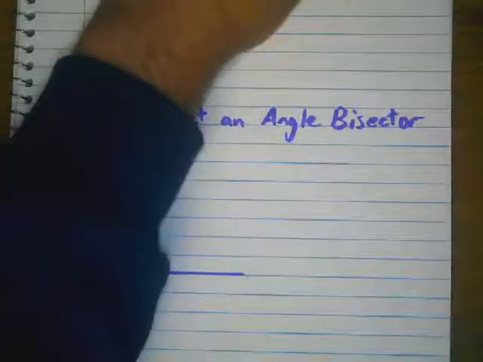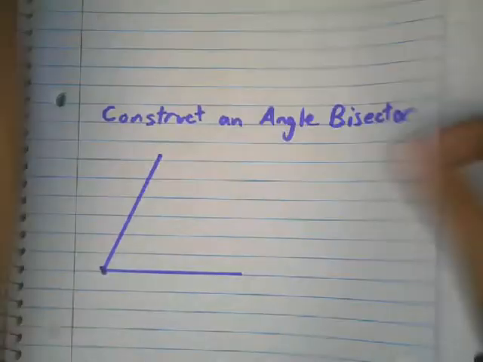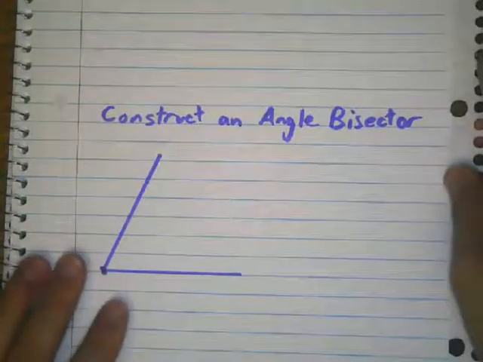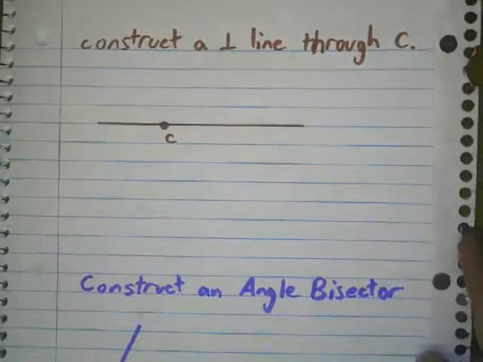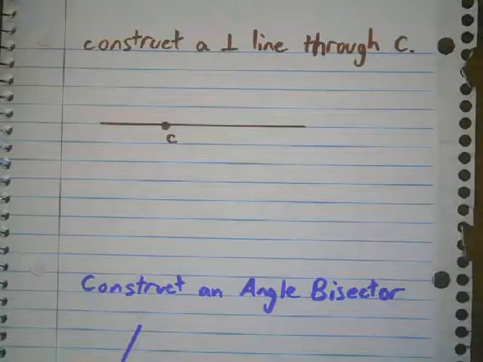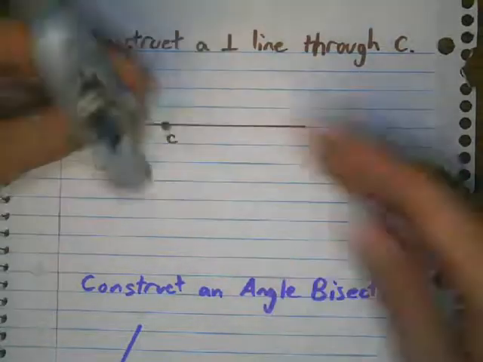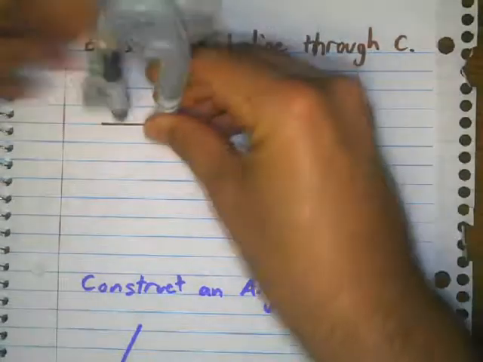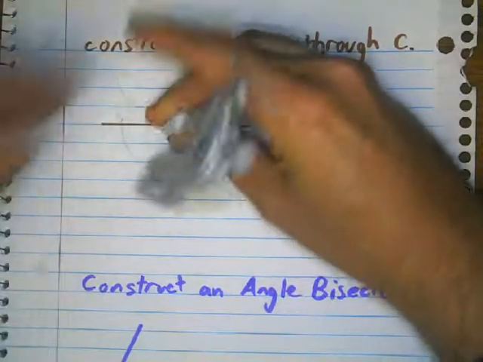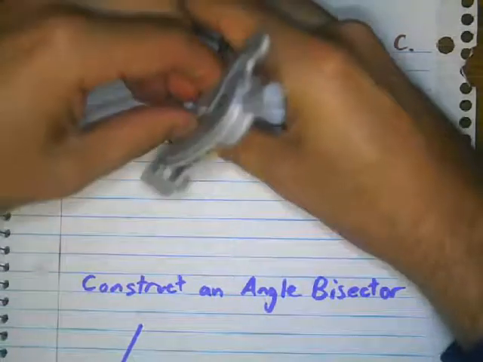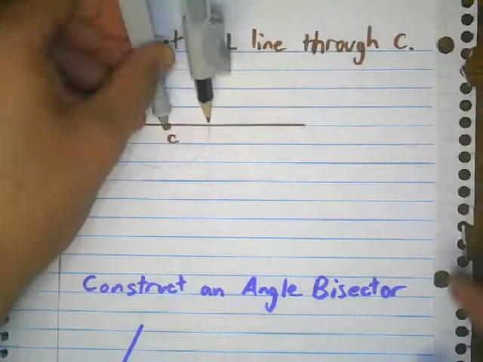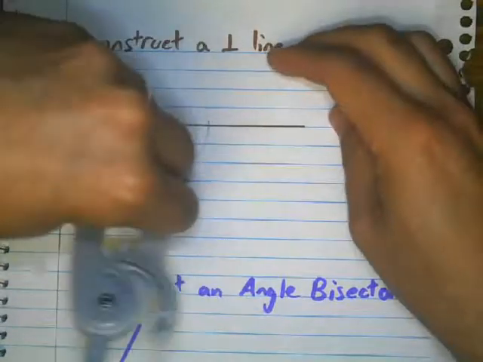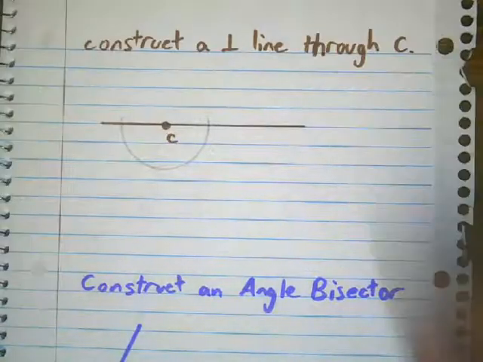Okay, now we're going to do something. We're going to construct a perpendicular line through point C. So before we can do this, we need to draw an arc centered at C, and we're going to draw it with a particular radius.